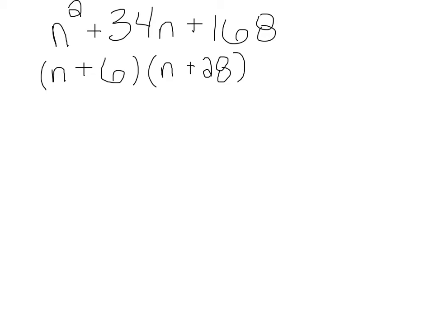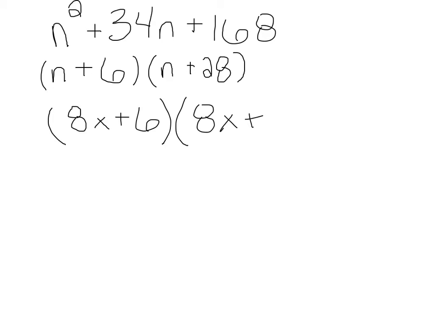Now we can go ahead and substitute back in our 8x for our n's. So in the first part, we'll have 8x plus 6, and in the second part, we'll have 8x plus 28.